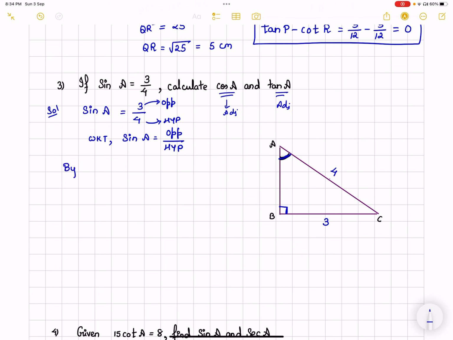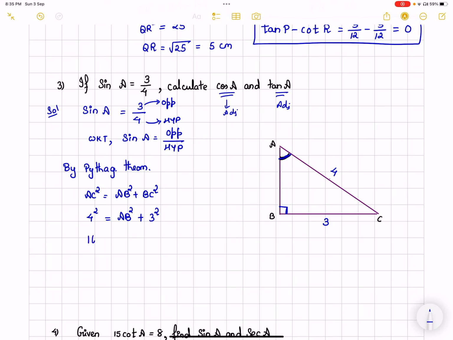By Pythagoras theorem again. By Pythagoras theorem, what we would be stating is AC square is equal to AB square plus BC square. So AC square is 4 square. AB square I don't know, still I need to find out. BC square is 3 square.